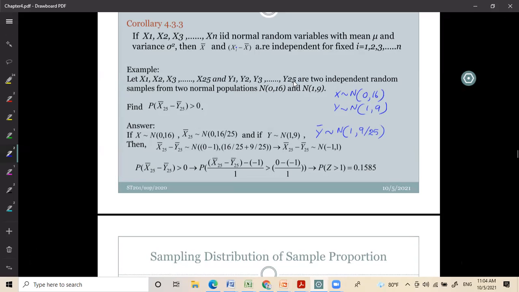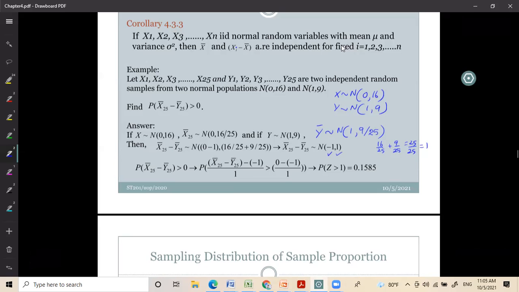Whether you add or subtract, the variance you always add. So you add 16 over 25 and 9 over 25, which is 25 over 25, 1. So the new variable x bar minus y bar will follow a normal distribution with mean -1 and variance 25 over 25, which is 1. You can do that only with independent normal distributions.